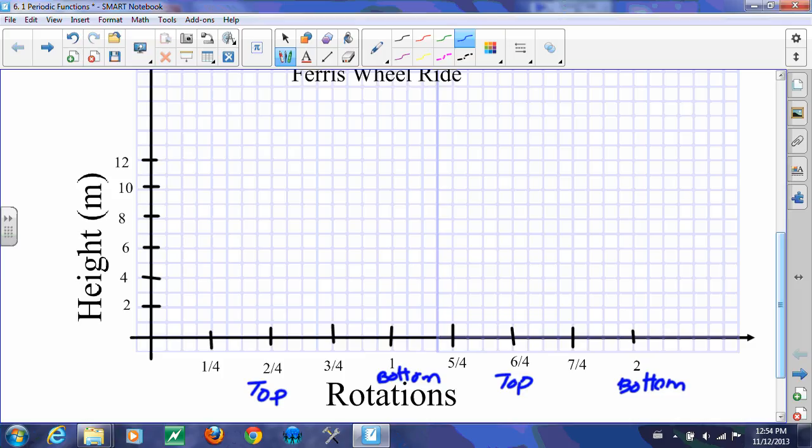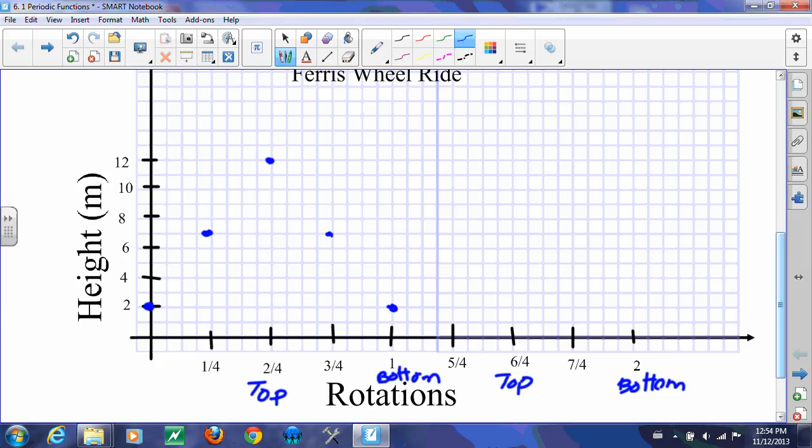So let's graph this. Where I start, at the bottom, is 2 meters. A quarter of the way through, I'm at 7. At the top, I get my maximum height of 12 meters. Then I come back to 7 meters on my way back down toward the bottom, and the bottom I get is 2 meters.